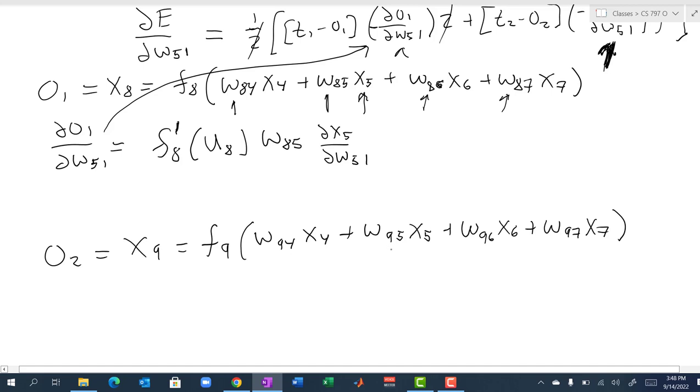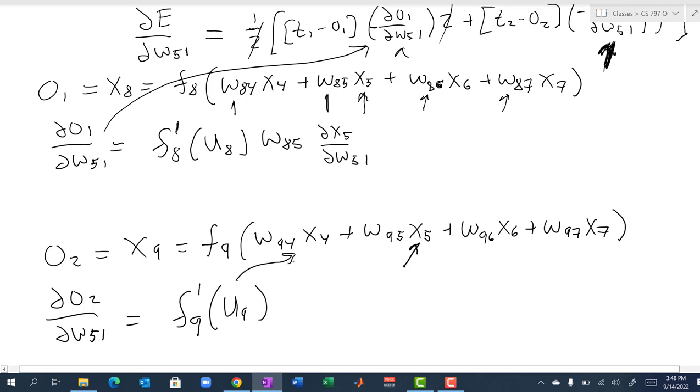And just like O1, x5 is where we're going to find W51, so the derivative is going to be f prime, the derivative of that function, evaluated at U9, which is what we're calling all the stuff inside. And then the derivative of what's inside is W95. So you can see why we're chain ruling down through the derivatives, going inside each of the functions.